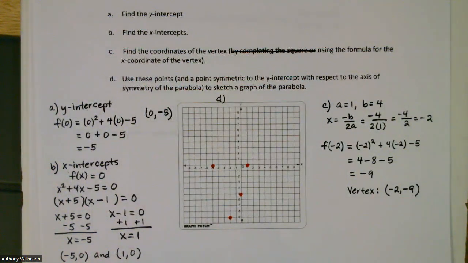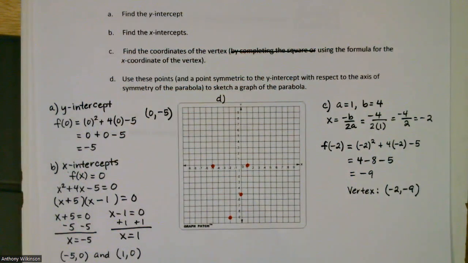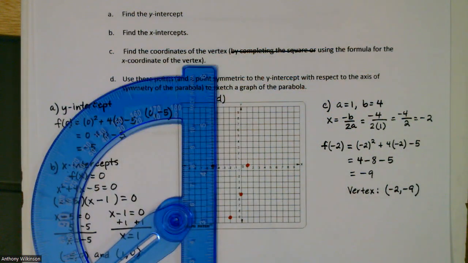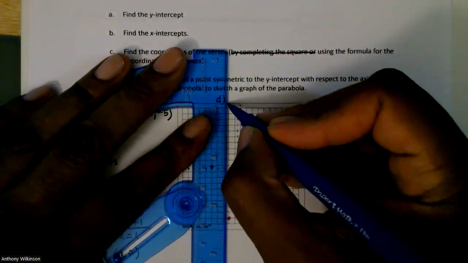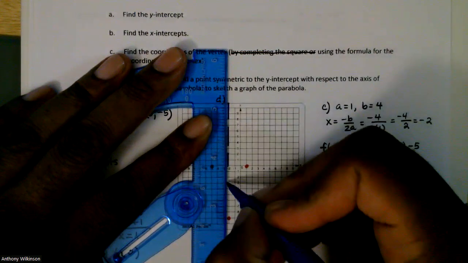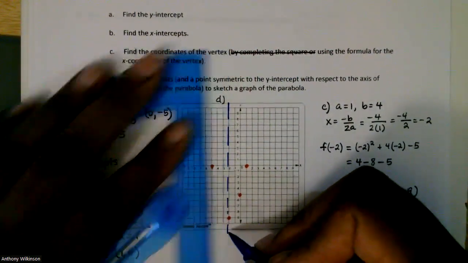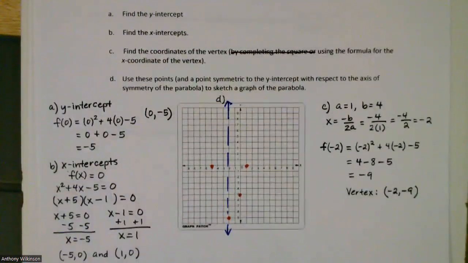Now what I'm going to do here is draw the axis of symmetry. That axis of symmetry is going to be that vertical dotted line going through the vertex of -2, -9, which is right here. And actually, the axis of symmetry is going to be the graph of the vertical line x is equal to -2. So here's the axis of symmetry.